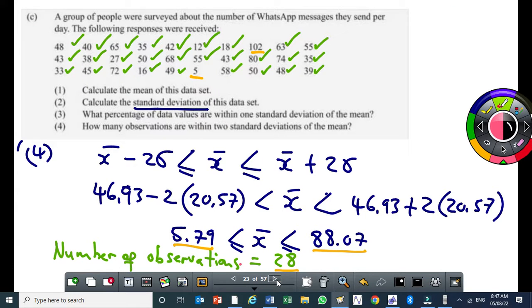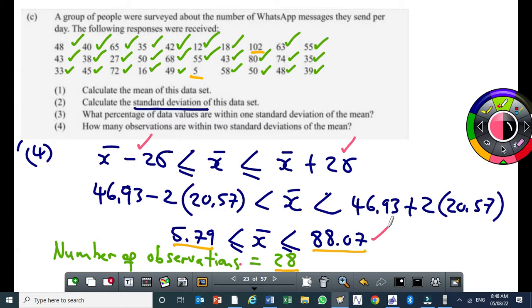So first we write our interval, right? So it will be x bar minus 2 sigma is less than or equal to x is less than or equal to x bar plus 2 sigma. Then we simplify, right? You get your interval, which is going to be 5,79 is less than or equal to x is less than or equal to 88,07. So what this means is you just have to look at all the values that are between 5,79 and 88,07.